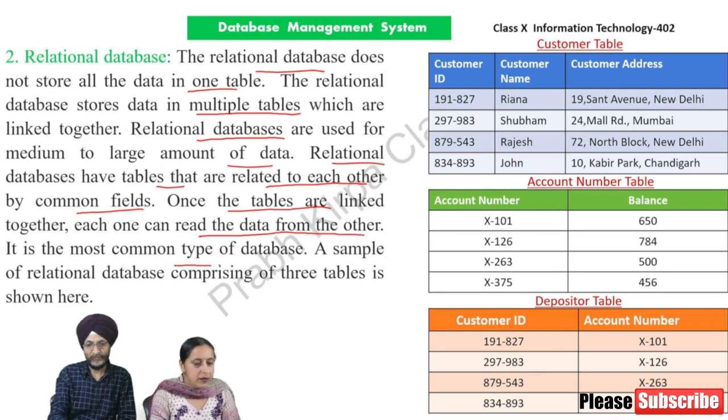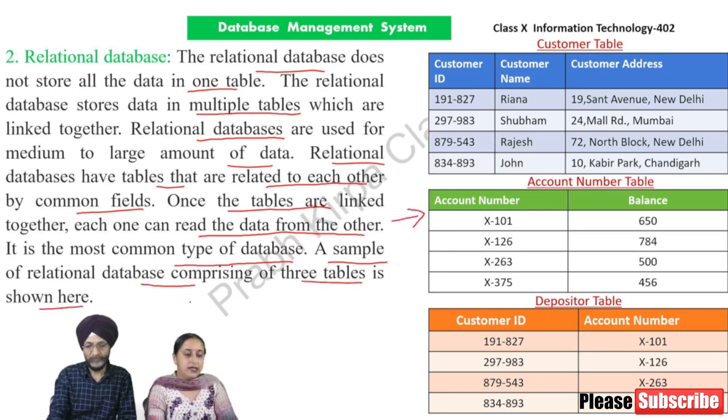It is the most common type of database. A sample of relational database comprising of three tables is shown here. Customer table shows customer ID, customer name, customer address. Account number table shows the balance in the particular account number. Depositor table shows account number against the particular customer ID.